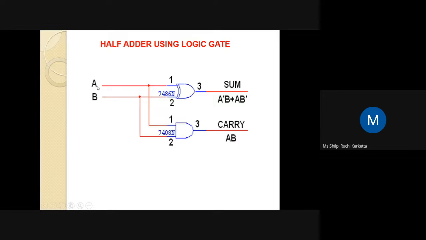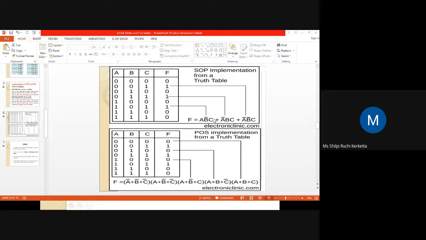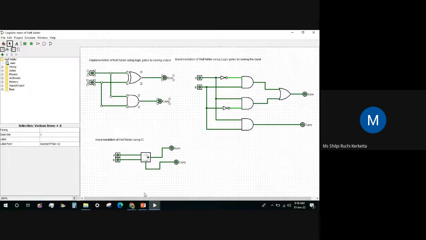So here we have taken inputs as A and B, and here also we have taken inputs as A and B. Okay. So this we will implement in this Logisim. So here we have used this XOR gate for the summation part and an AND gate for our carry part.